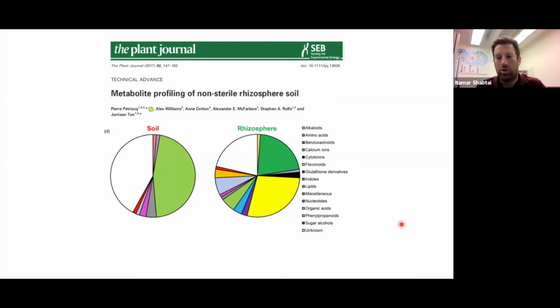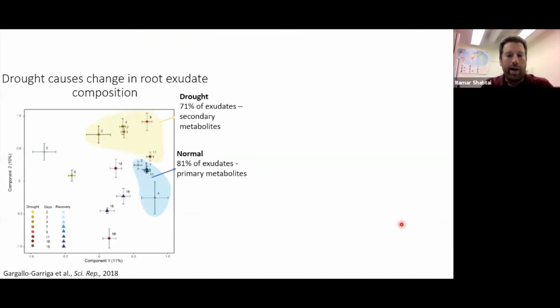So this combination of different chemical composition, the solubility of the compounds versus solid compounds, the high density of decomposers, and intimate interaction with soil minerals make the rhizosphere sort of the most interesting place to be right now for studying soil organic matter.